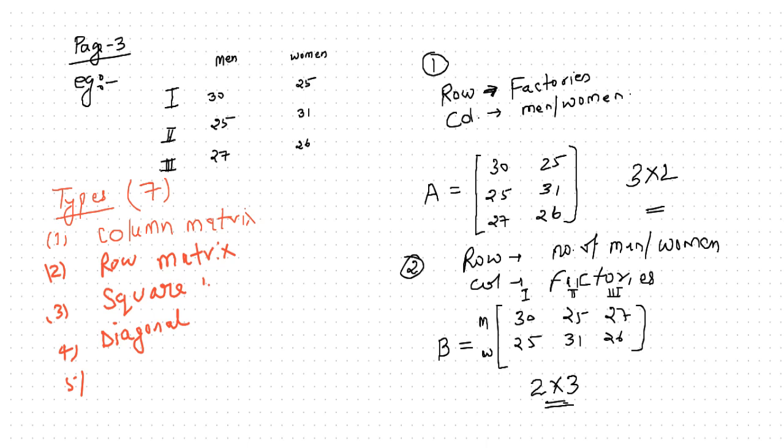Next comes scalar. Sixth one is identity matrix. And seventh and last one is zero matrix. In some books, this is also called a null matrix. In your book, in the book of NCERT, it is written as zero matrix. Okay. Now one by one, we will see.